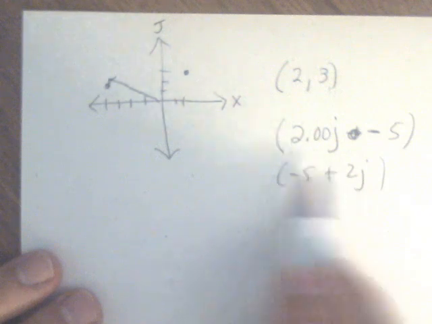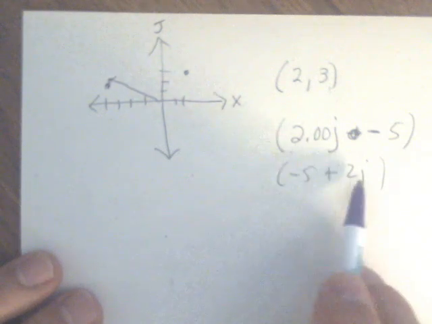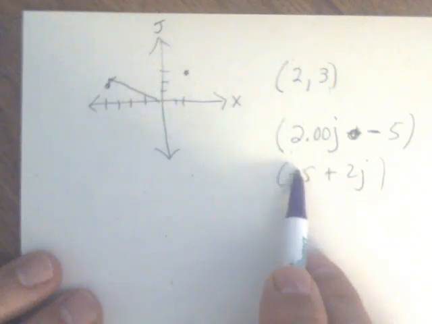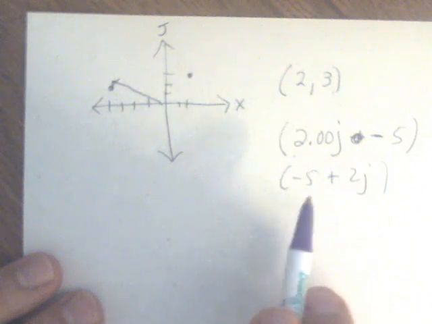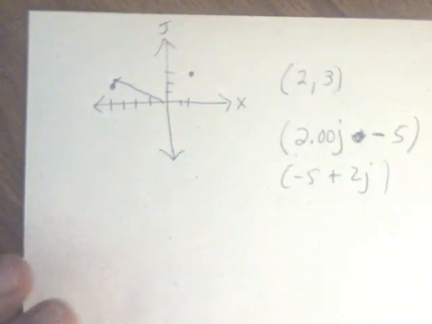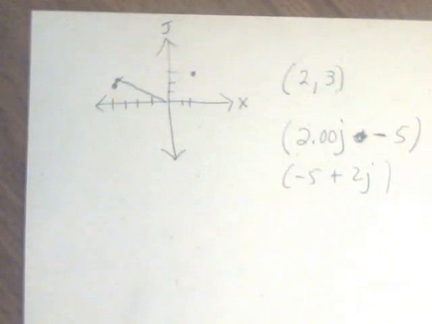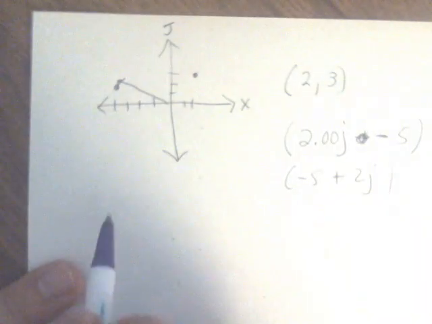So when you're plotting points, the J point is your Y. The other one is your X. So it works the same way. You do the X and the Y, and then you make your point. And in this case, we can look at a drawing, or a vector. So that's how to plot points.